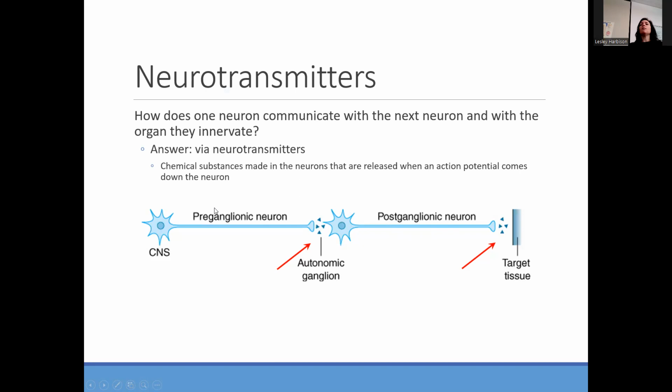The reason they call it pre and post is because of the ganglion: one's before, one's after. At these junctions, the neurotransmitter is released. It sends a message, and it keeps going, and then it releases more neurotransmitter at the target tissue. The target tissue could be the heart, the lungs, but anything.